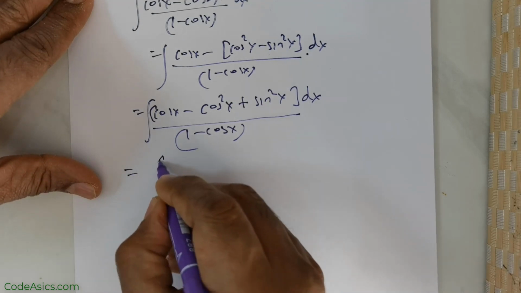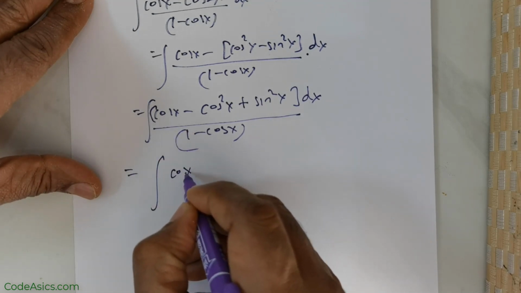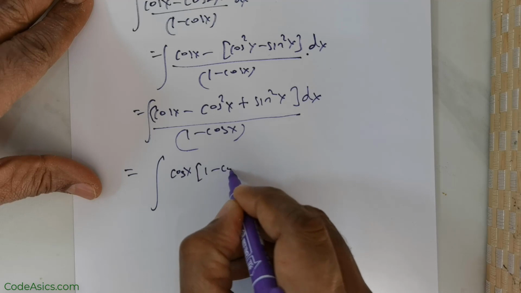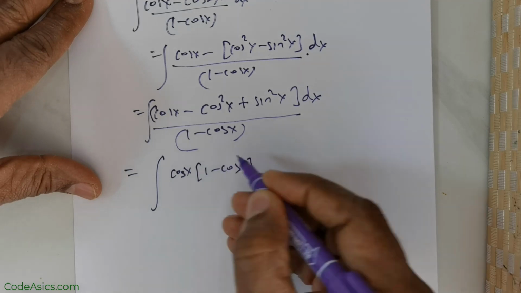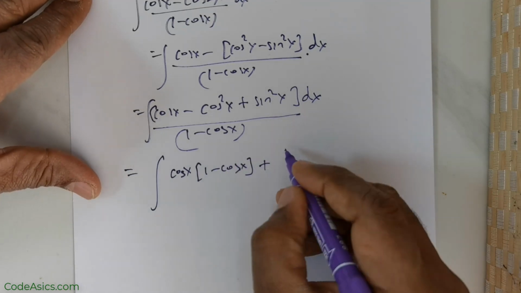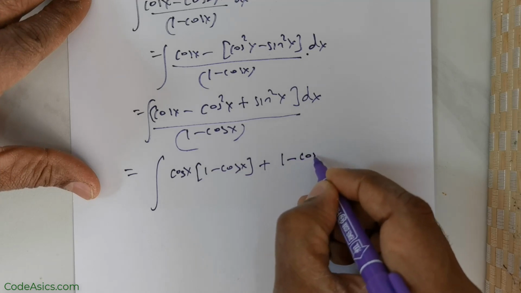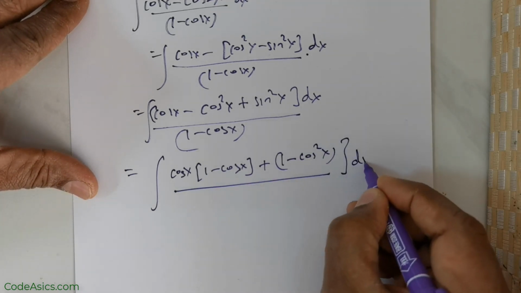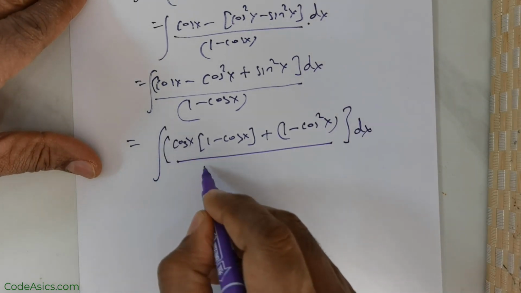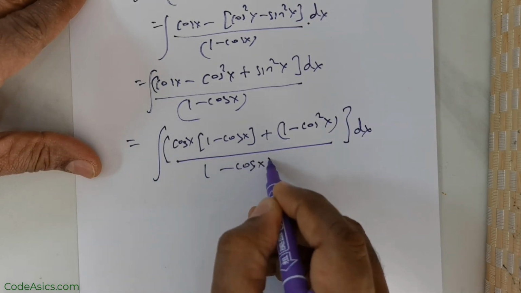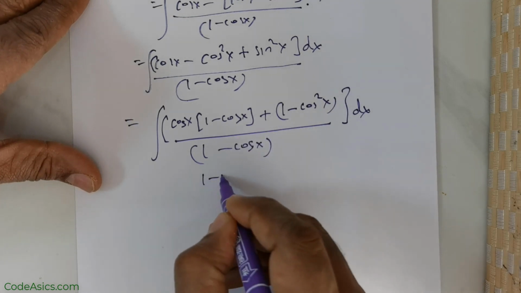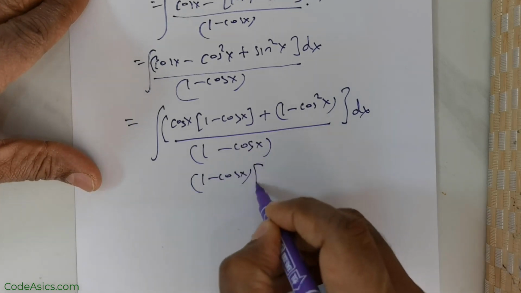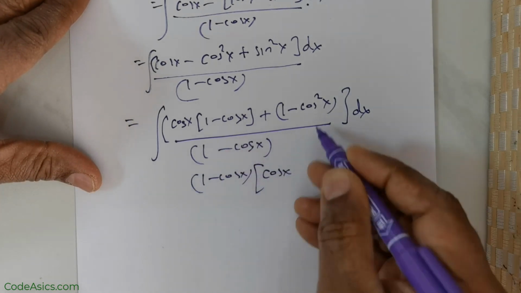So this is equal to, let me take cos x out. So I will get 1 minus cos x over here. Now I want to write sin squared x as 1 minus cos squared x divided by 1 minus cos x. Now 1 minus cos x can be taken out common. This is giving me cos x.